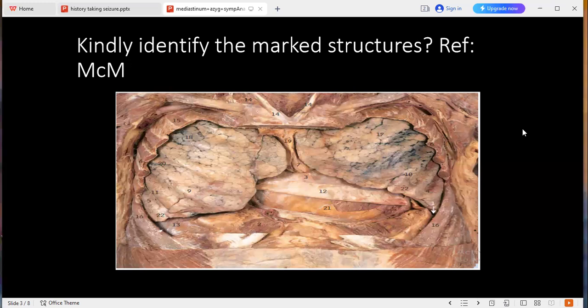Okay, good. Can you please tell me what are the structures which pass through the hilum of the lung? Okay, so it is main bronchus, right and left, and pulmonary artery and pulmonary veins, and some lymph nodes. What do you understand by the term pulmonary ligament?